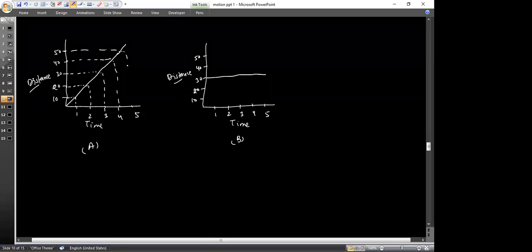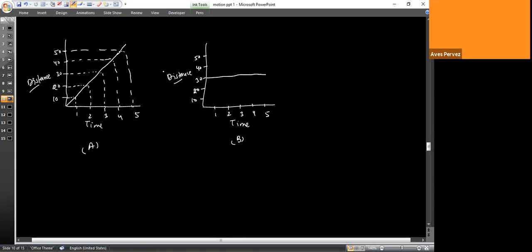The second graph is representing uniform motion, sir, because the speed is constant at 30, and in the first graph it changes. Actually, beta, look again. It is not the speed-time graph, it is a distance-time graph.